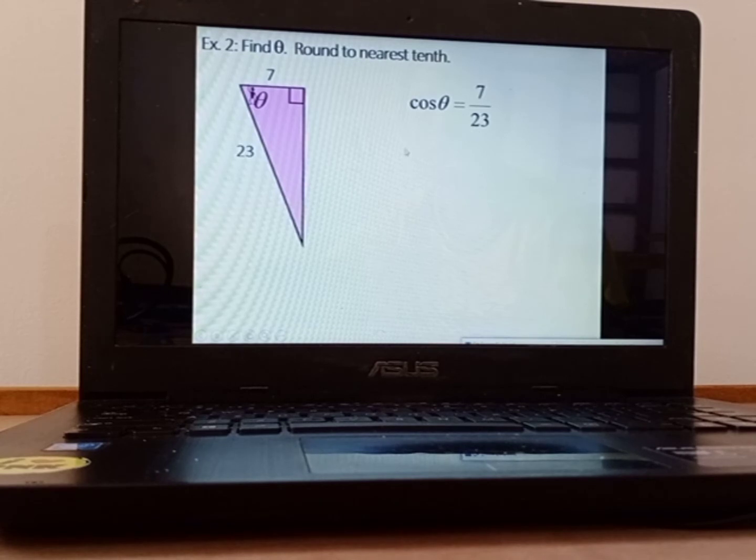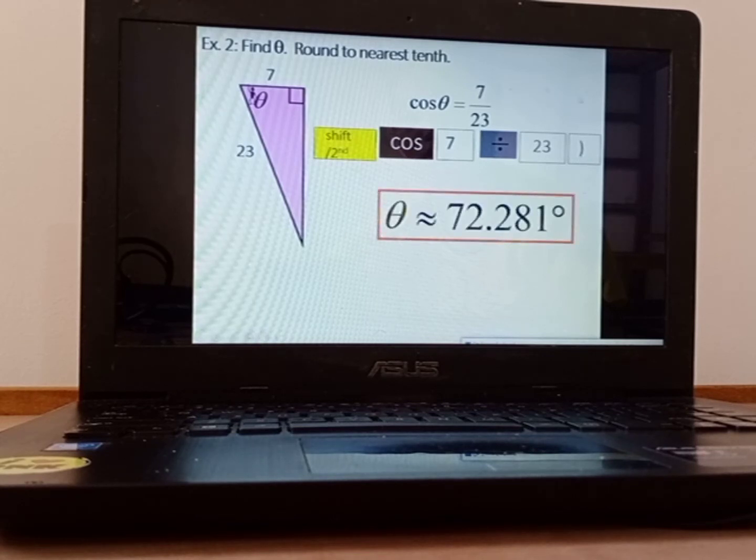And then again, in your scientific calculator, just press shift or second function, and then the cosine function. And then next, 7 divide 23, and then close parenthesis, next equals.